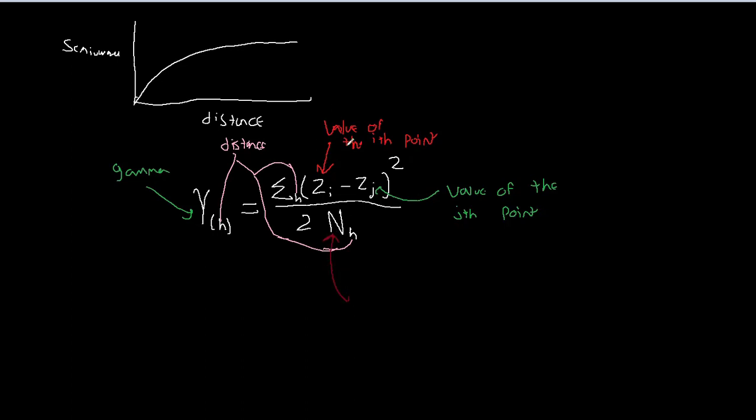N sub h is really the tricky part. This is essentially the number of sets of points that are h distance apart.